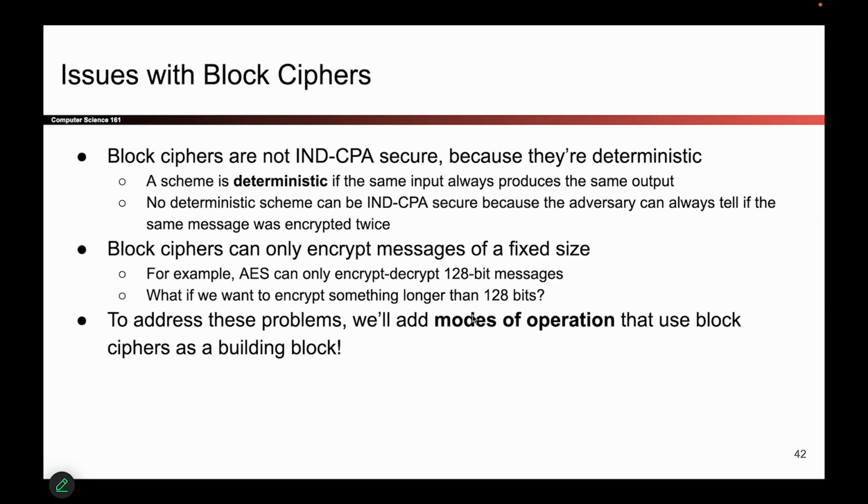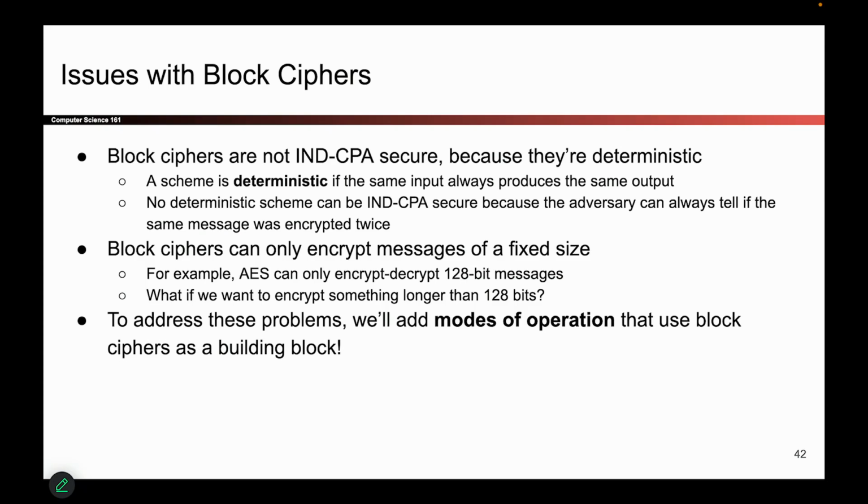And the second problem that we've sort of hinted at, but we haven't really solved, is that the input and output are fixed size. So in fact, AES in real life can only encrypt 128-bit messages. If your message is shorter, you cannot pass it into the algorithm. It doesn't understand your input. And if your input is too long, you can't pass it into the algorithm. It doesn't understand your input.